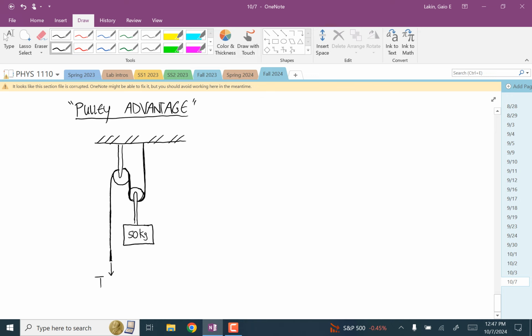If you cut this cable, this 50 kilogram mass would fall down to the ground. And so the question is, the weight of this thing is 490.5. What's the force T required to hold this at rest, to keep this from dropping?